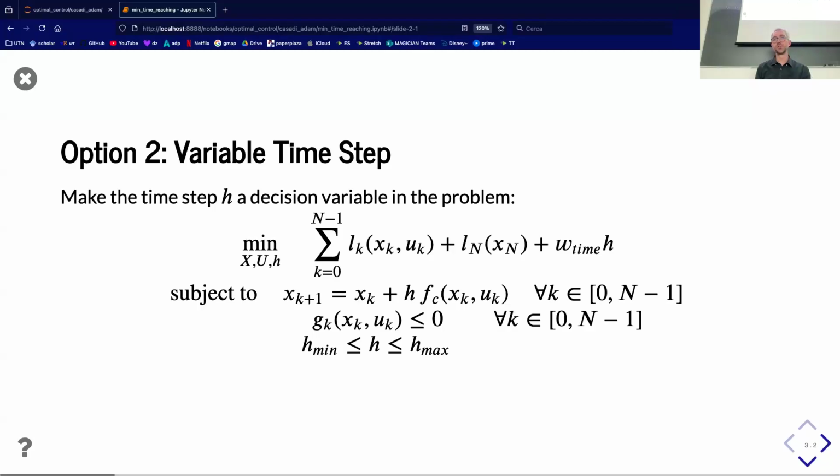What are the potential issues of doing this? There's one issue. Too high a time step? No, because it's bounded, so it cannot go too large, and also it's minimized in the cost function, so it shouldn't go too large. But it's related to that.